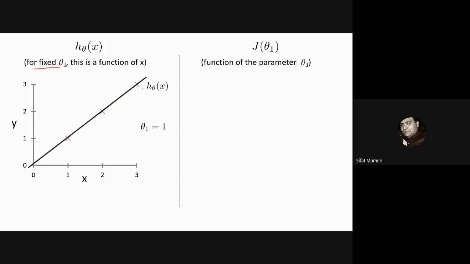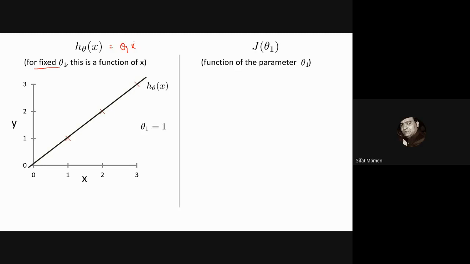So আমি theta naught 0 আর theta 1 যদি 1 set করি তাহলে কি will I get a straight line like that, because আমার h theta x টা কি theta 1 x, না এখন simplified version? Yes, sir. Okay, theta 1 যদি 1 plug করি তাহলে h theta x কি হবে? x হবে.